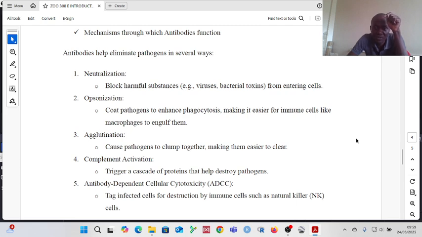Okay, so the antibody helps in marking a certain cell that needs to be destroyed. Then that cell will now be easier for the natural killer cells to come and identify which cell needs to be killed.